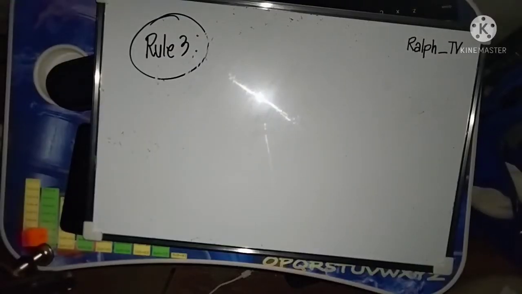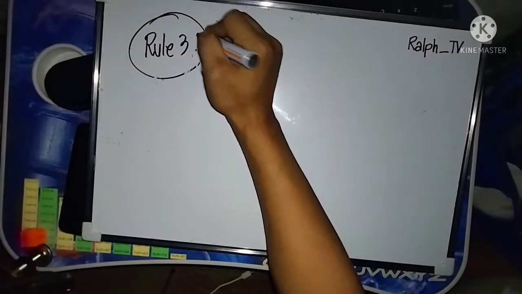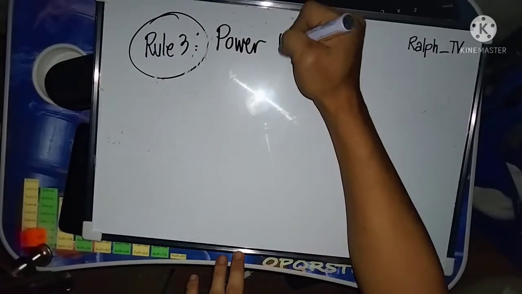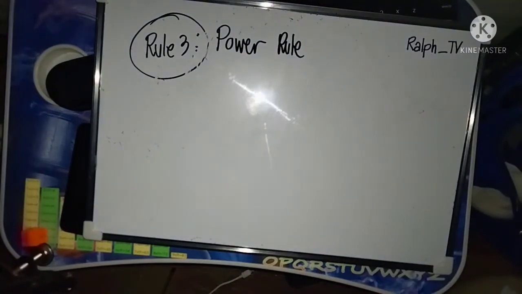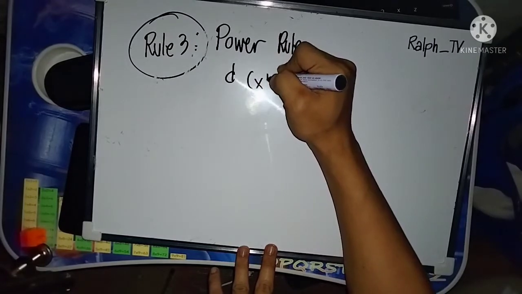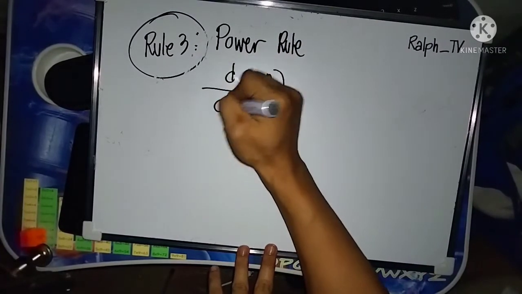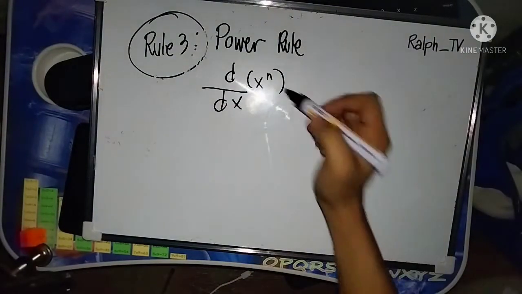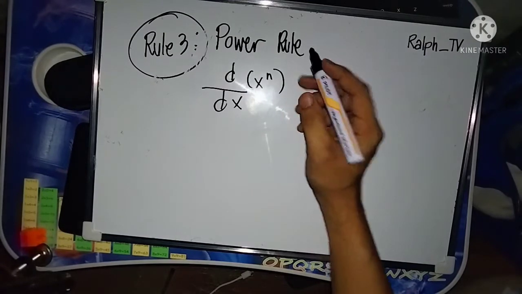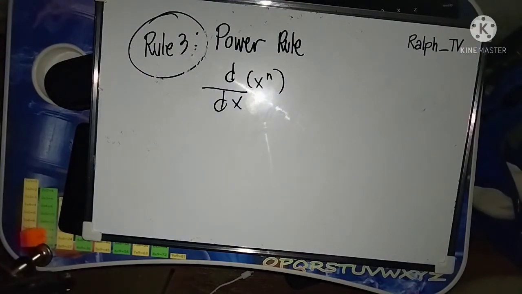So let's proceed now to the rule number 3, which is the power rule. So we have the derivatives of x raised of n in terms of x. So itong n na to, or yung any exponent, whether it's hundreds, thousands, in fractions, derivatives, or etc., this is a function.